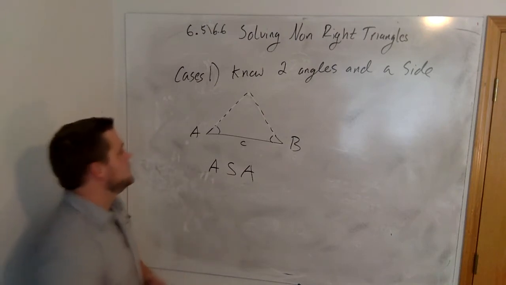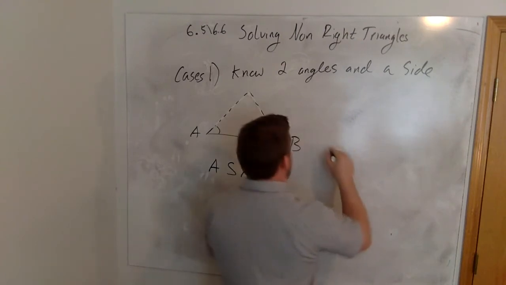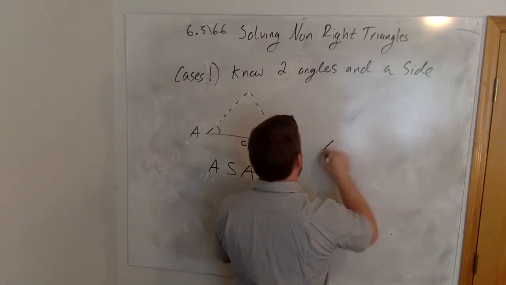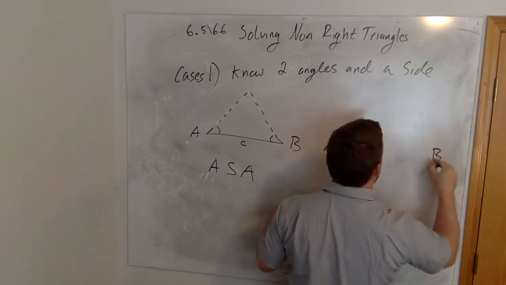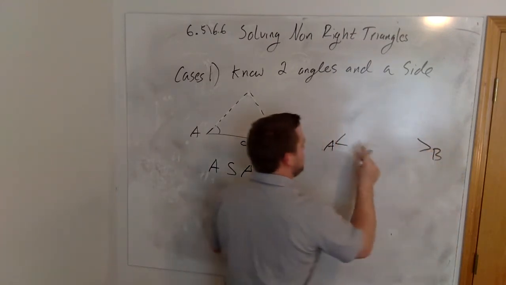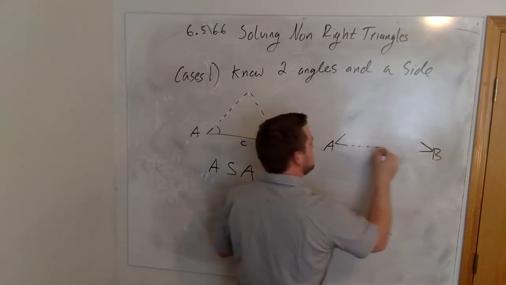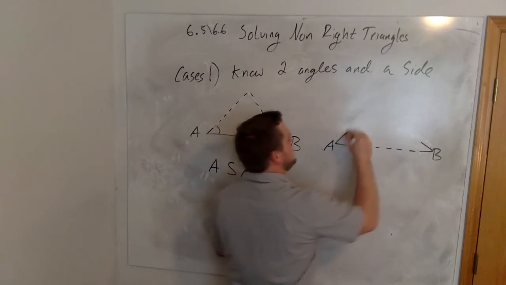triangle. Okay, similarly though, we could know an angle. Say we know angle A and we know angle B. But maybe we don't necessarily know the side in between them. Maybe we know this side here instead.